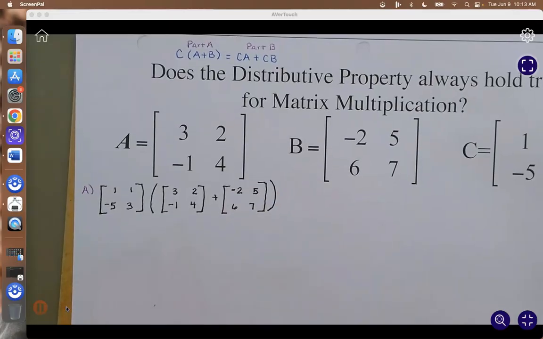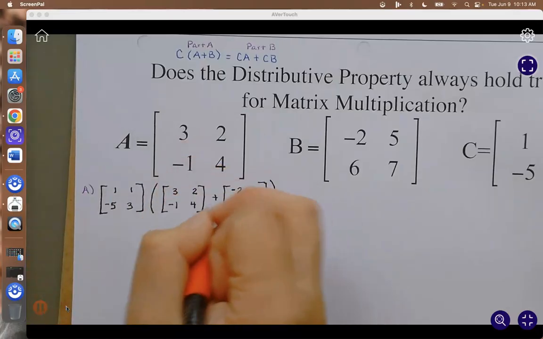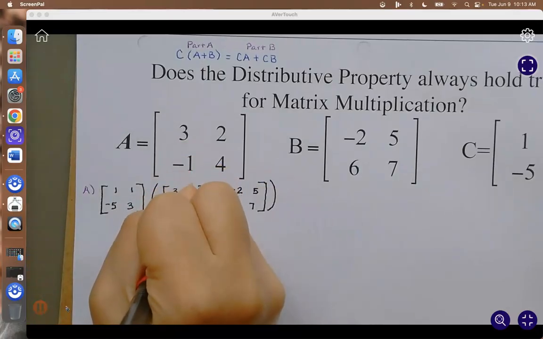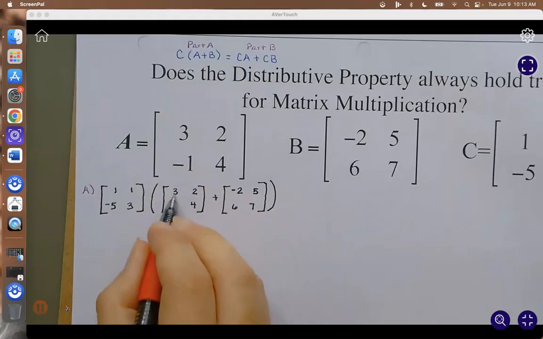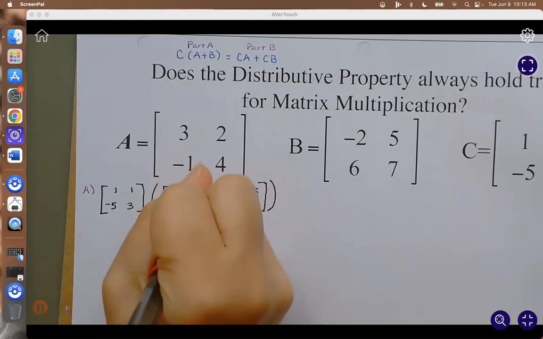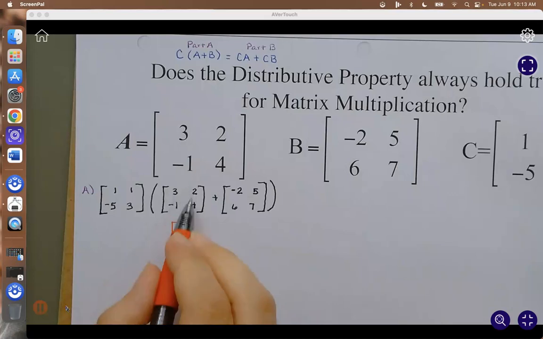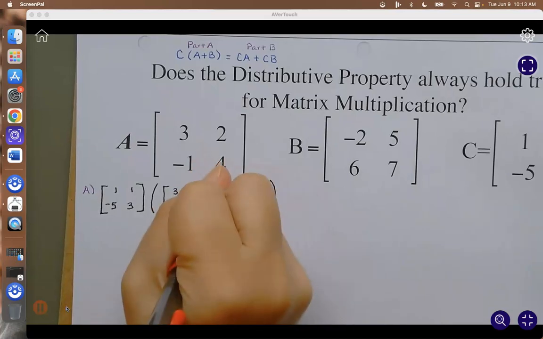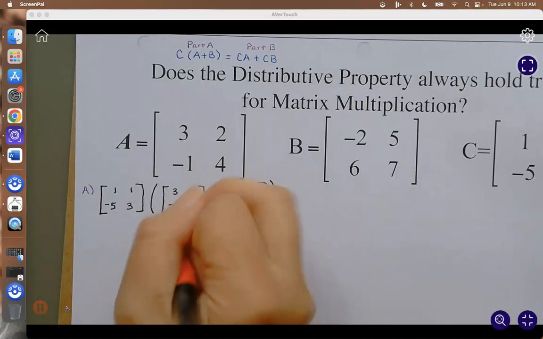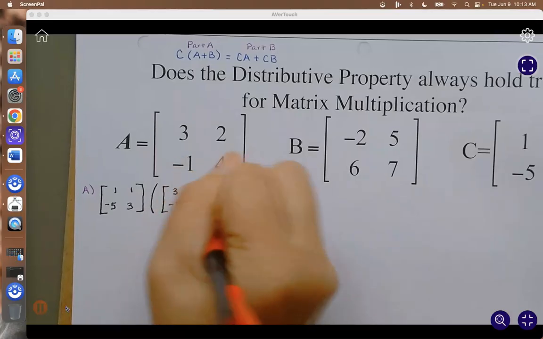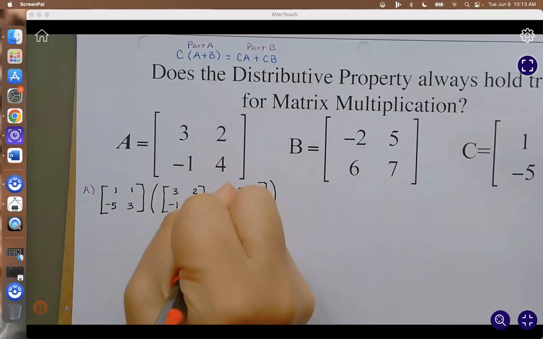So, remember we work in parentheses first. So you just match up the pieces. So this is going to be 3 and a negative 2 is 1. 2 and 5 is 7. Negative 1 and 6 is 5. 4 and 7 is 11.